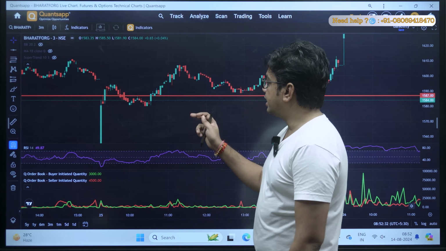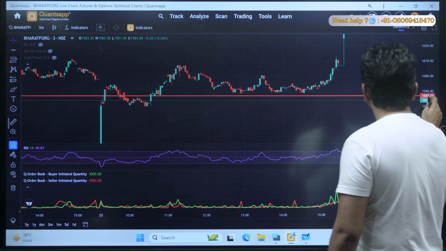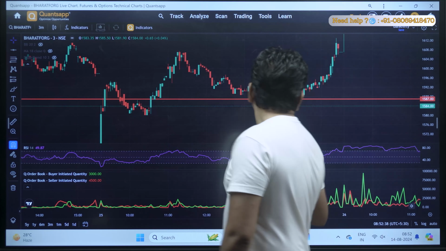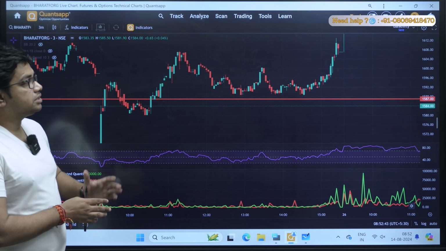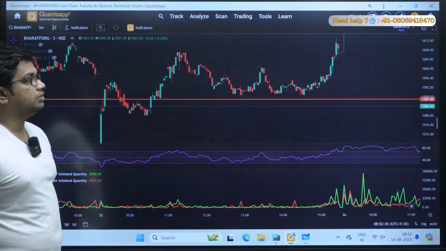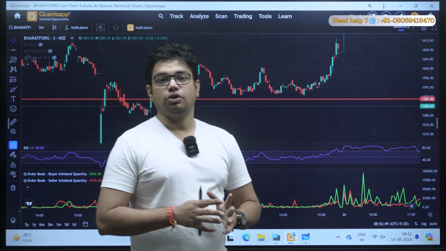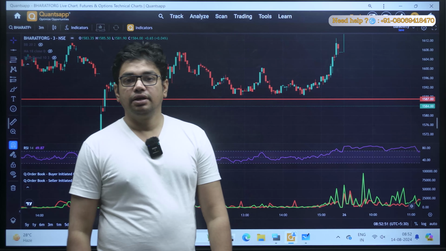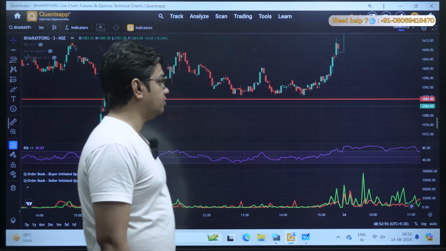You can see at the lower level I can place my stop loss. My stop loss will be 1580. If I place the order at 1590, my stop loss will be 1580. That is a perfect stop loss, because it is just 10 points, lower than 1%.